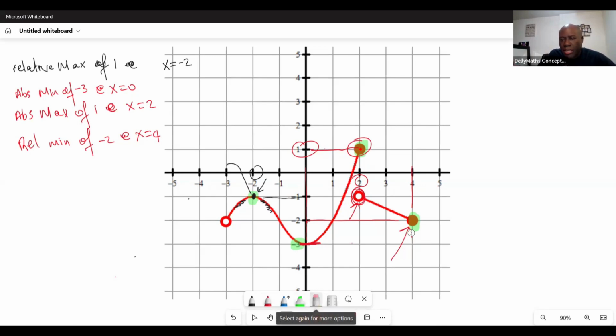It's always a debate with this one, and the reason is that I'm not able to check to the right of it. Definitely to the left of it, I'm seeing that the values are higher than it, but I'm not able to check the right of it. So some people may debate whether or not this is a relative minimum. But because I am including the domain that I'm working with, I'm going to put it as a relative minimum there. But as I said, that one can be debated.